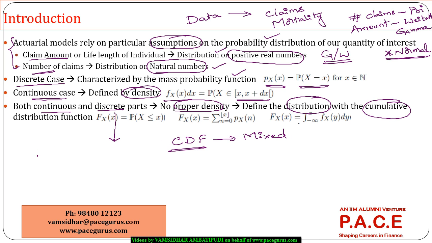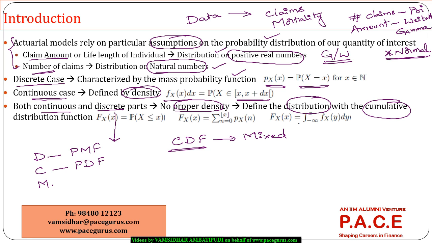So simply put, discrete distributions, we will define them using the probability mass function. Continuous distributions, we will define them using the probability density function.